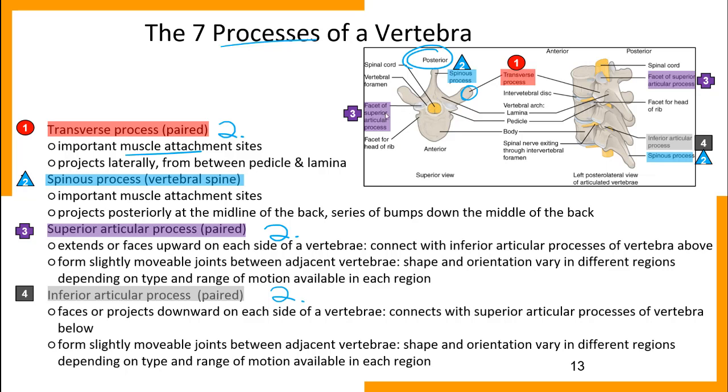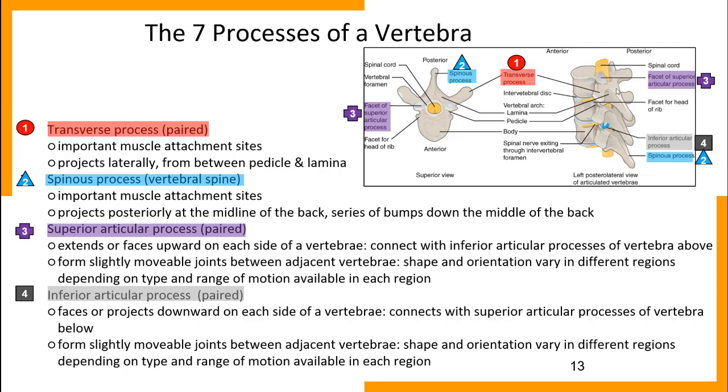You've also got 2 superior articular processes. So these are points of connection. What happens is that the superior articular process of a vertebra will connect with the inferior articular process of the vertebra above it, right? So if you look at the diagram on the right hand side, you've got the inferior articular process over here.